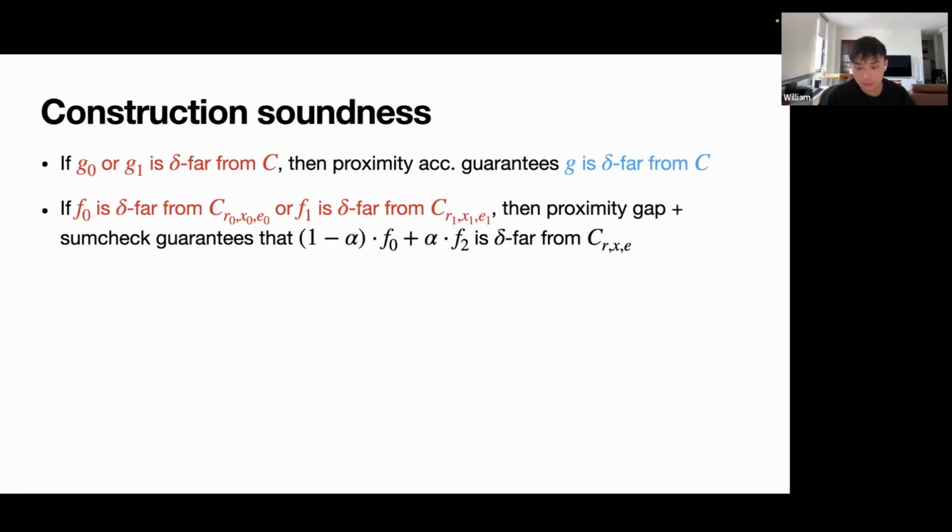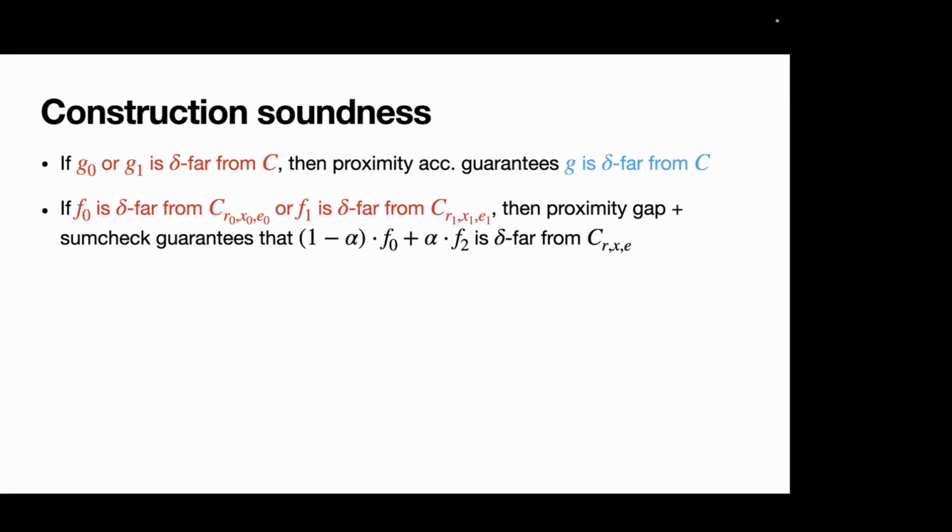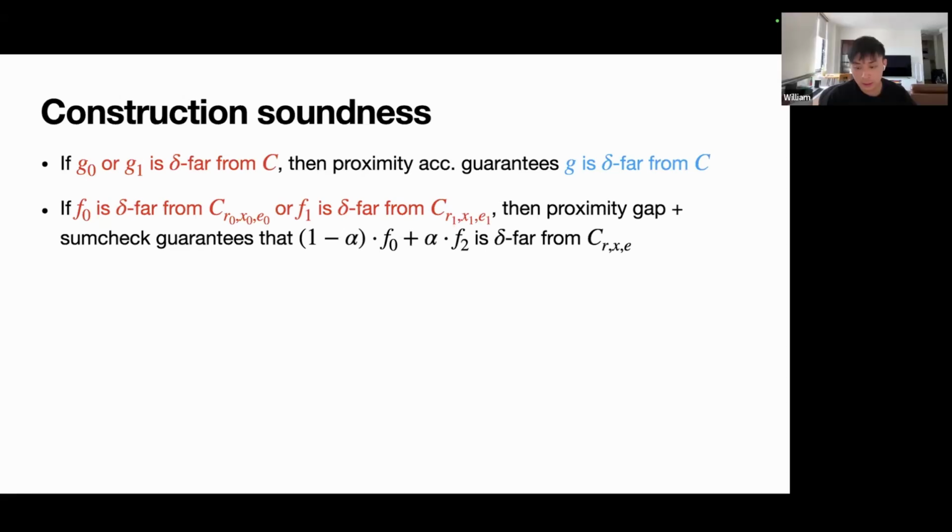But the analysis is a bit more complicated because the random challenge alpha is both functioning as a proximity gap challenge as well as the sum check challenge. Oh, you're saying in general a proximity gap result also implies the same result for any subspace. Oh, okay, then that makes sense. Thanks. Yeah, exactly.